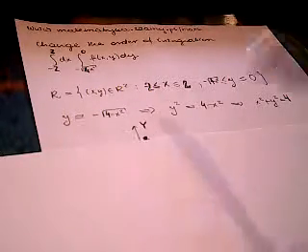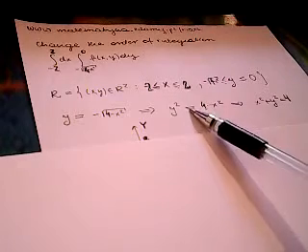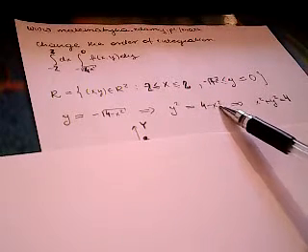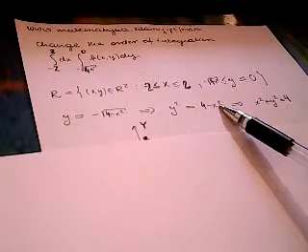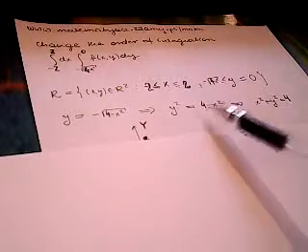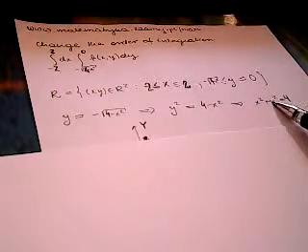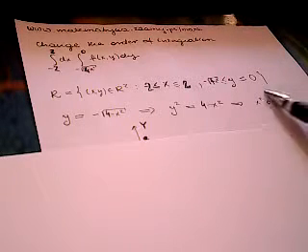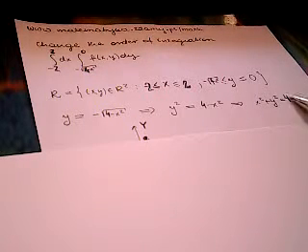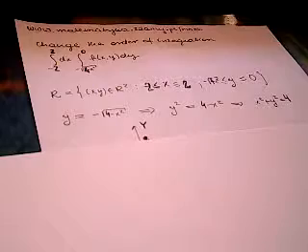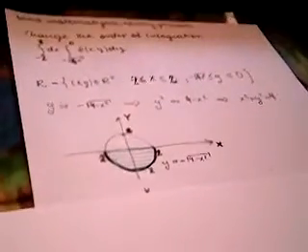From this I obtain y squared equals 4 minus x squared, and from this we have x squared plus y squared equals 4. This is the equation of a circle. I draw this circle.